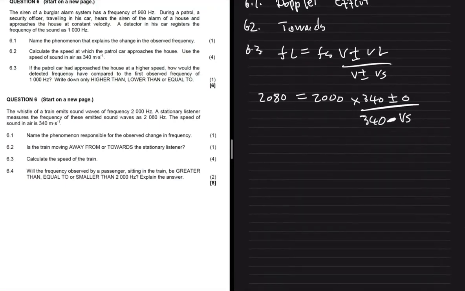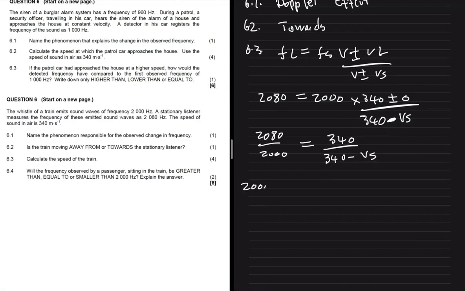So let's go ahead and do that. Divide both sides by 2000, right? So it's 2080 divided by 2000 equals 340 divided by 340 minus VS. We're going to cross multiply.